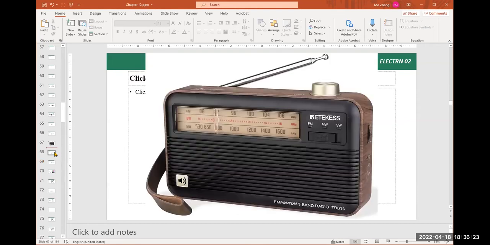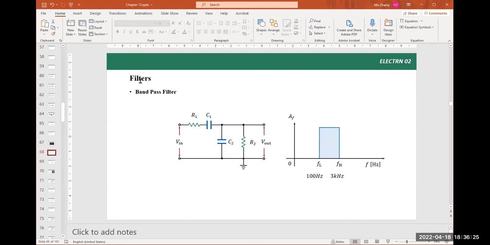So this is the application of using filters. And as you can see, the components for making filters are capacitors. So this is another application of using a capacitor.